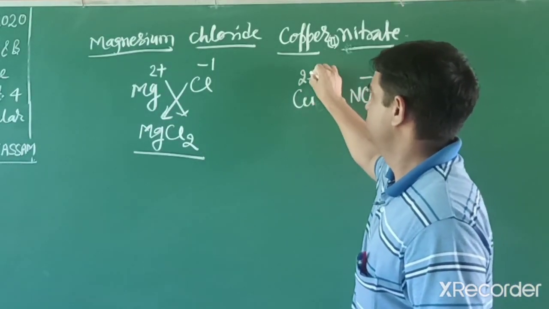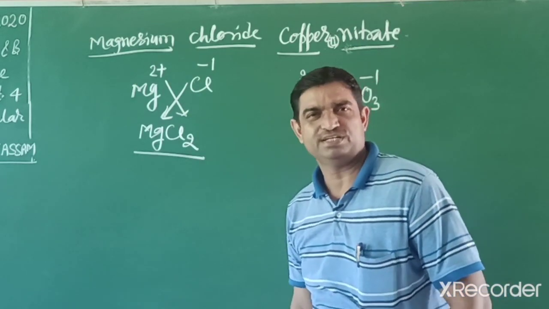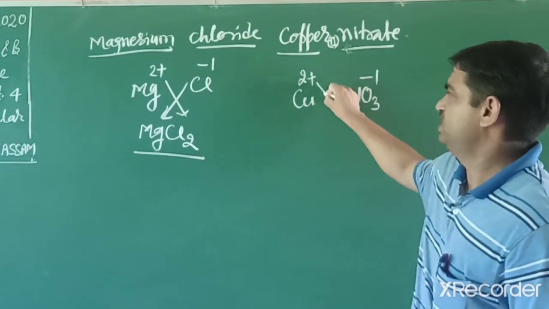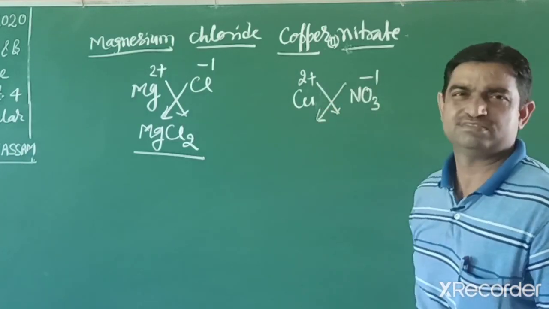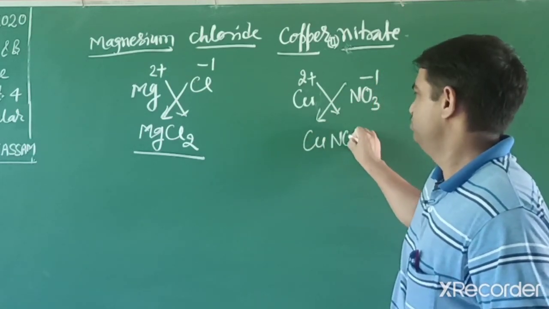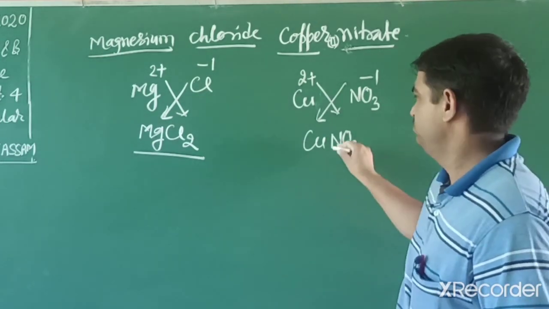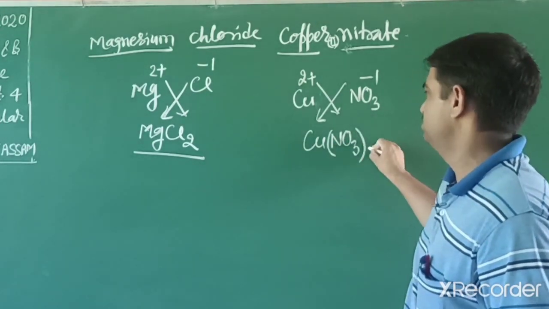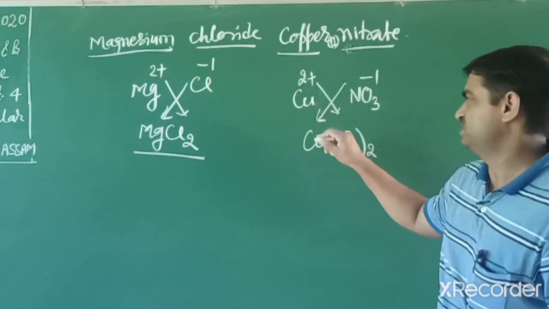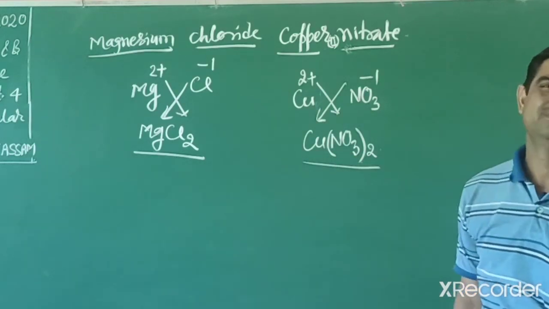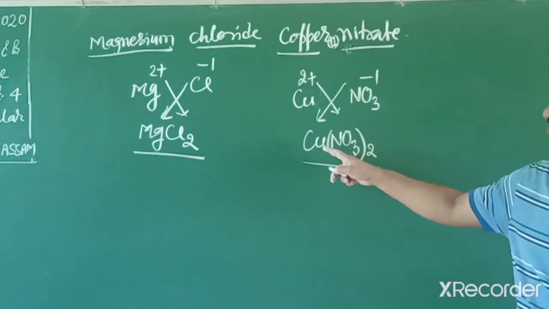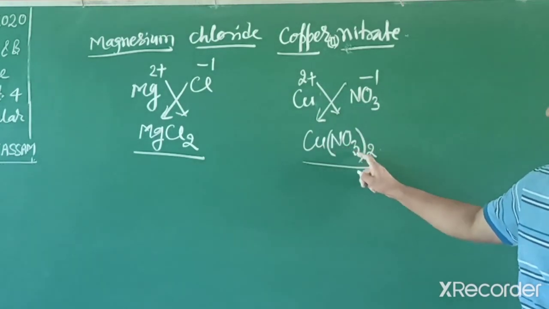Copper charge, copper(II): if not written, then generally we take two. So after that cross their charge: Cu1 and NO3, then we write the whole NO3 twice. In this way you write. If you write directly, that is wrong. How can we pronounce this chemical formula? We pronounce it in this way: Cu(NO3) whole twice.